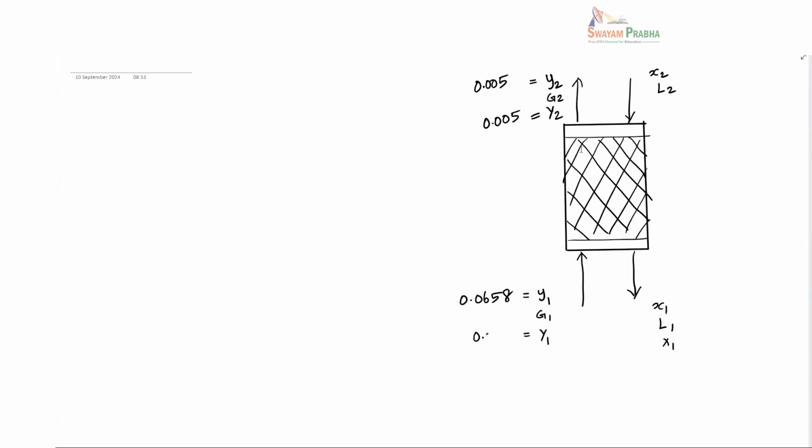Capital Y1 is 0.0704. x1 is 0.1 and capital X1 is 0.111. X2 is 0. Please check these values, compare with your class notes from the last class, and make sure these numbers are okay.